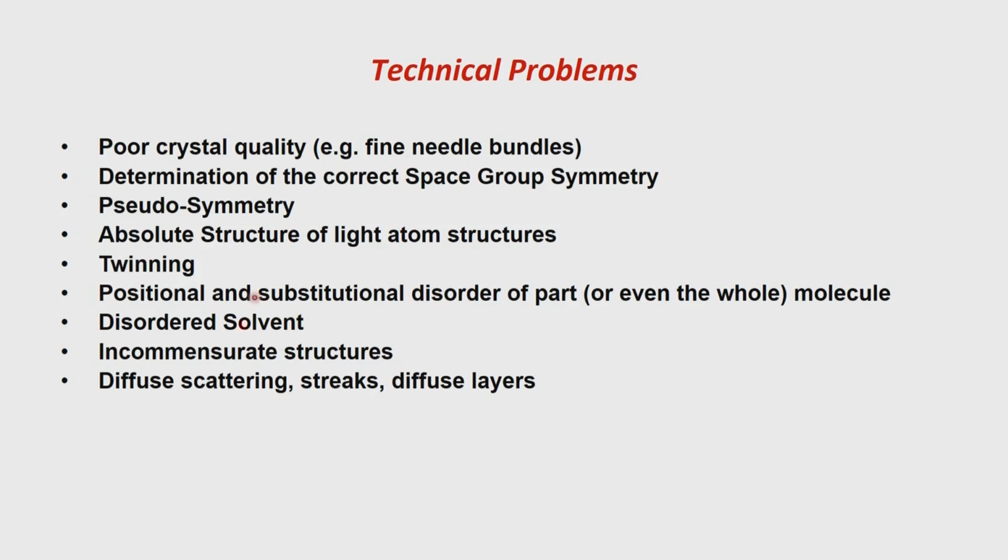And once we have a very bad data set, the structure determination is going to be difficult. So, whenever we grow a crystal, we should look at all these possibilities, and if such possibilities do exist, we have to get rid of them or regrow the crystals such that we get rid of all these.